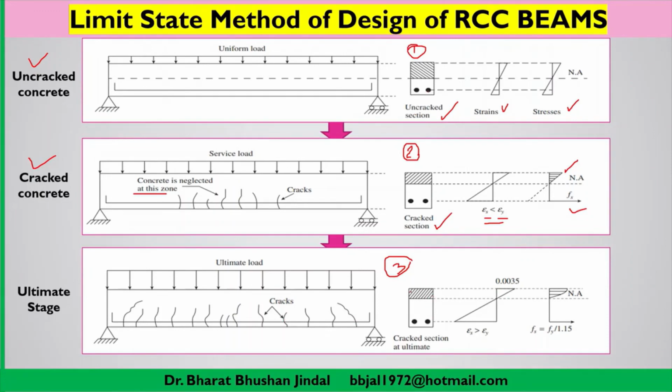The effective area of concrete taking care of the compressive stresses has been considerably reduced, and now the concrete in the topmost fiber has reached its ultimate strain 0.0035, and here you can clearly see that the strain in the steel is more than the yielding strain. And similarly, now this is the variation.